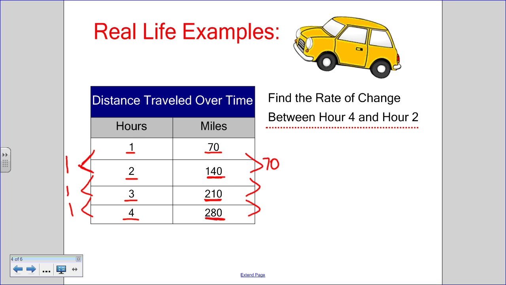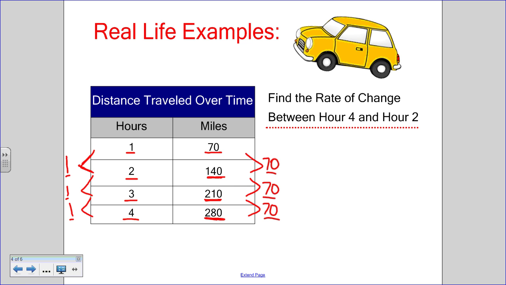We could also see from 140 to 210 a change of 70 miles, or from 210 to 280, again, a change of 70 miles. You would know this is a linear function because the change from each one is consistent or constant.